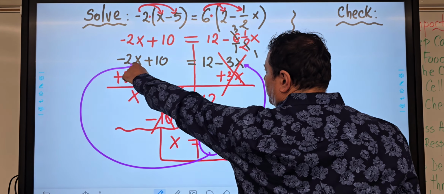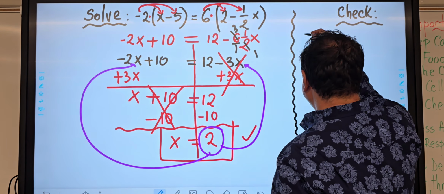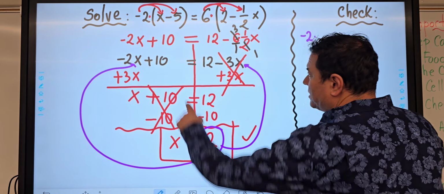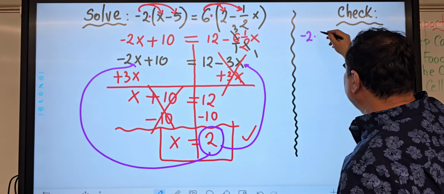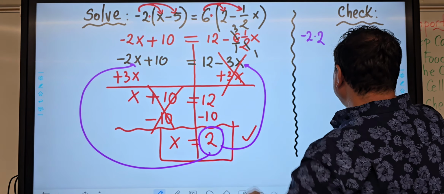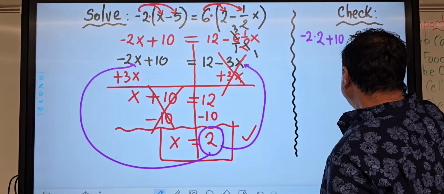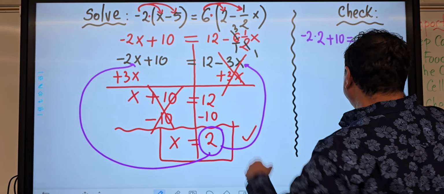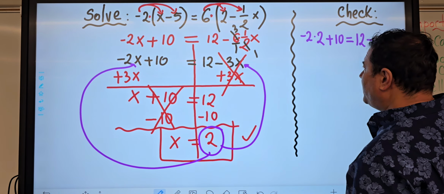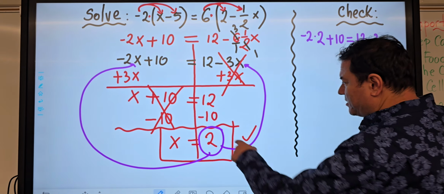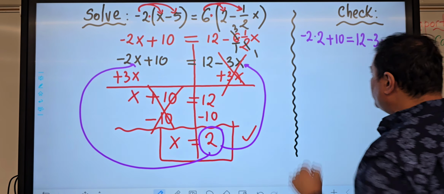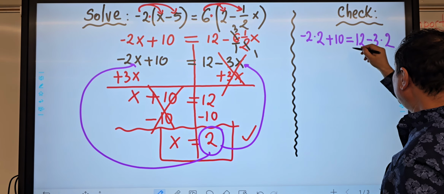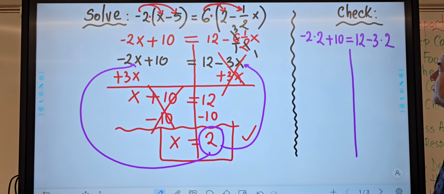Okay, so we check from here, right? We have negative 2 times, instead of x, we can put 2, plus 10 should equal 12 minus 3 times 2, because x, remember, we found to be 2. And let's see if we get a true statement.